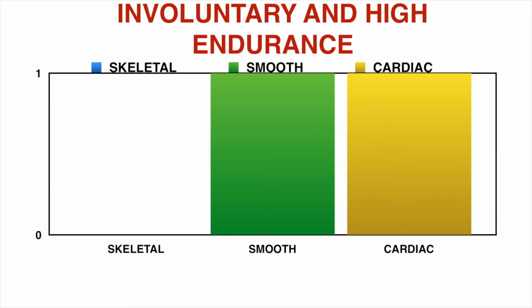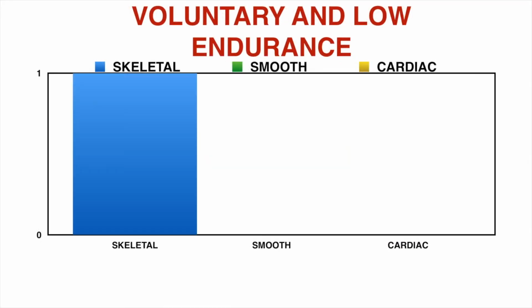Smooth and cardiac muscle types are both involuntary and high endurance. Skeletal muscle is voluntary with low endurance.